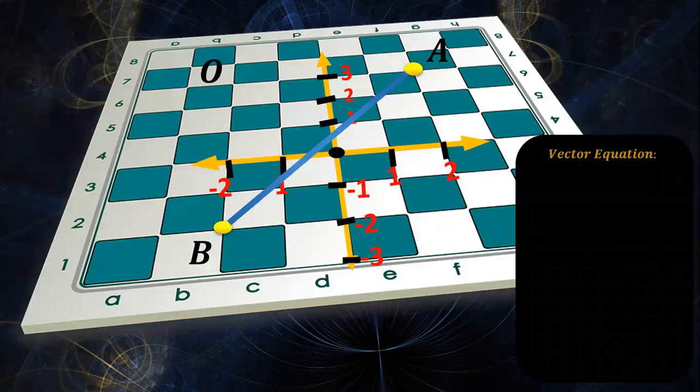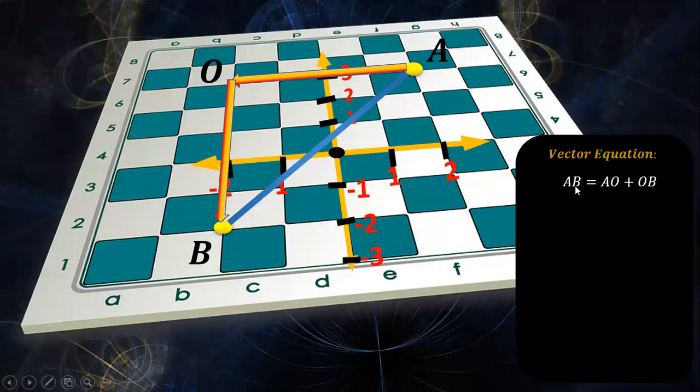So let's construct a vector equation for this display here. We want to get from A to O, and then from O to B. This is an example of the triangular law, right?